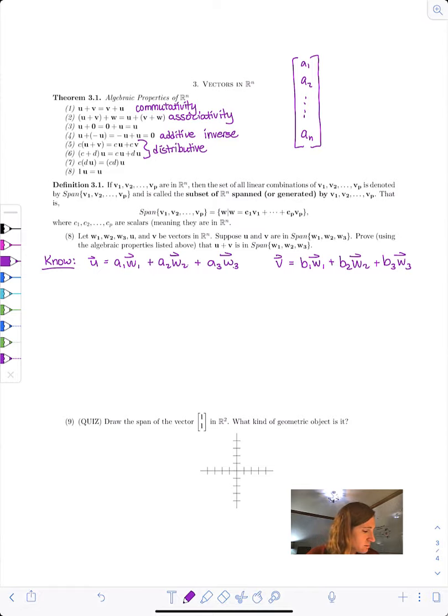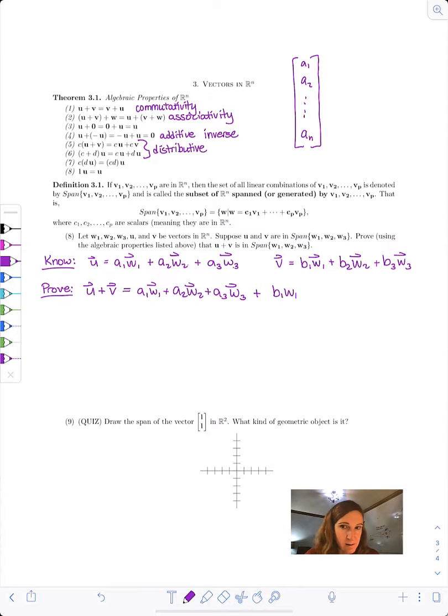Okay, so now we want to prove something about their sum. So let's go ahead and write down their sum. U plus V, we want to understand what that looks like. Well, let's substitute. We know that U is A1 W1 plus A2 W2 plus A3 W3, and V is B1 W1 plus B2 W2 plus B3 W3.